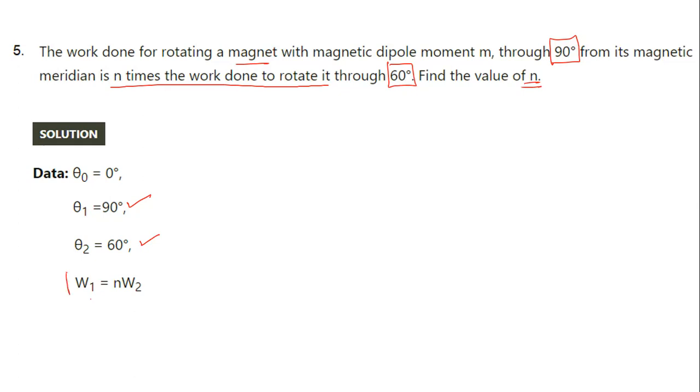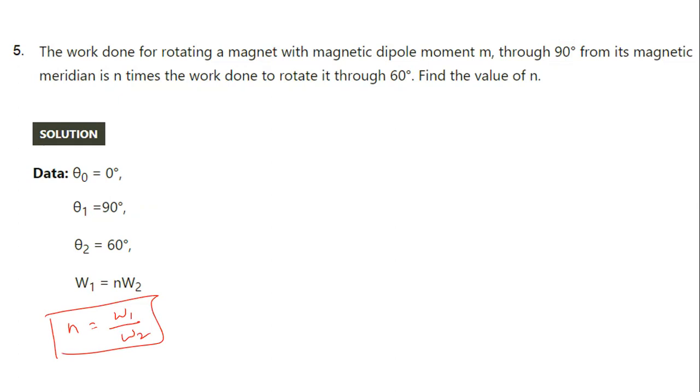The relation they gave is W1 is n times W2, and we have to find this n. So n is equal to W1 by W2. We find W1 and W2, and then use this.